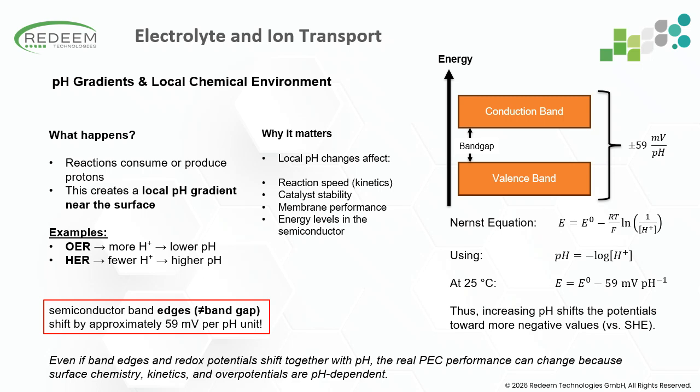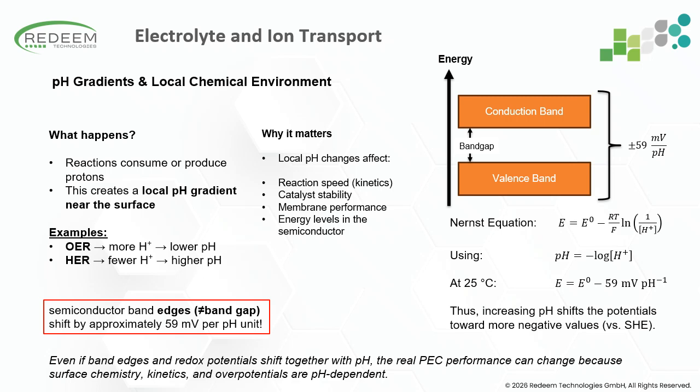So here the graphic on the right. In addition, semiconductor band edges shift by approximately 59 millivolts per pH unit as described by the Nernst equation. And although both semiconductor band edges and the electrochemical redox potential shift with the pH, real devices still show performance changes because of reaction kinetics, surface chemistry, and overpotentials.